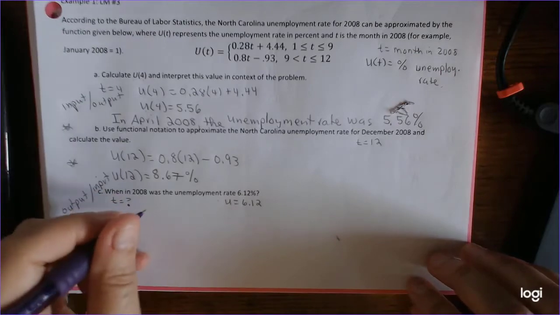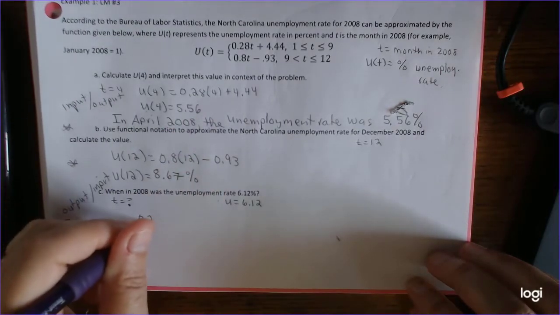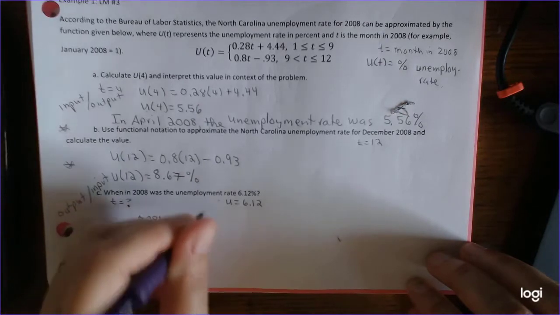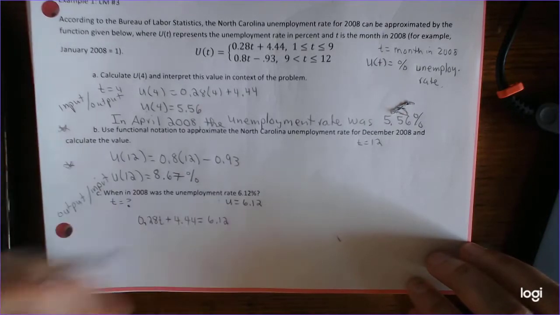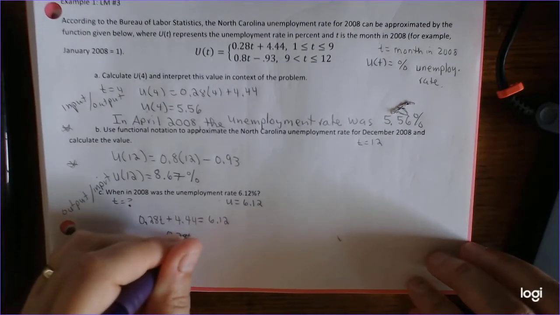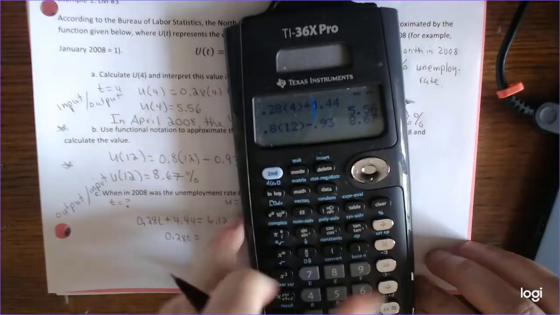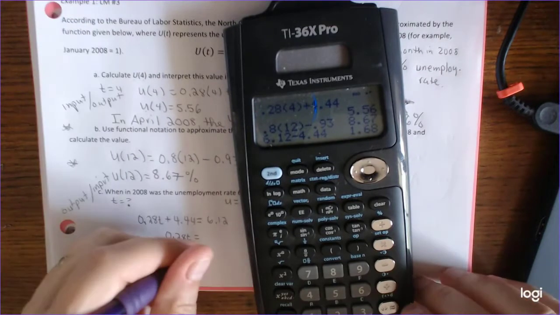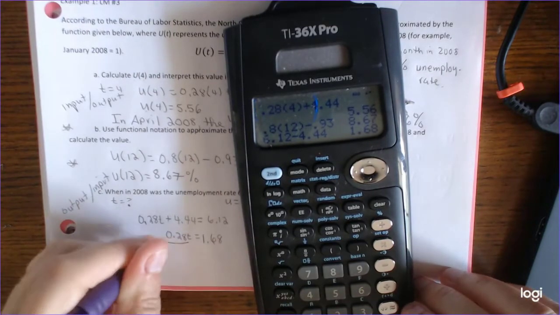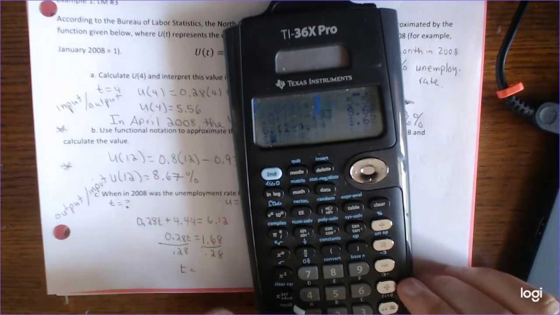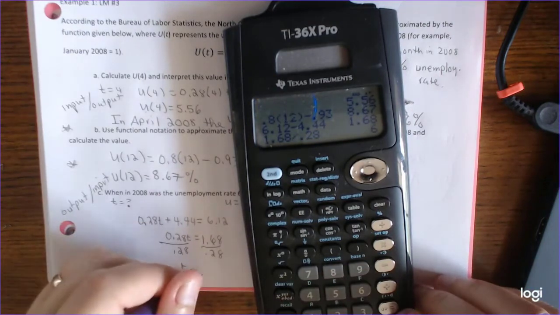Okay, so the first function, the top part, 0.28t plus 4.44 equals U, and then we would solve it. So if I subtract 4.44 from both sides, 6.12 minus 4.44, I get 1.68. And then if I divide both sides by 0.28, t equals 6.